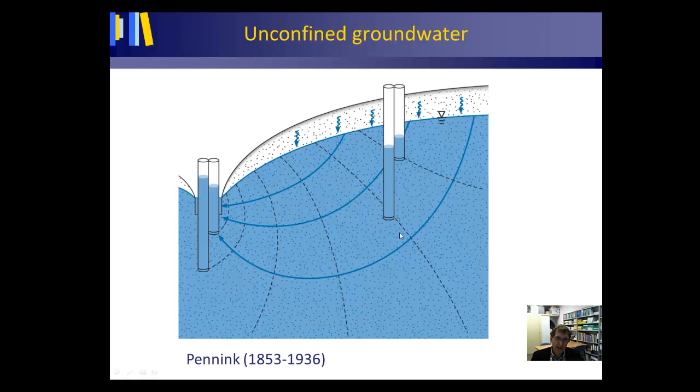And in actual fact, these broken lines are lines of equal energy, of equal hydraulic head. So this is a higher hydraulic head, this is a lower hydraulic head, and this is an even lower hydraulic head than here. Water is always flowing from a higher to a lower energy, or from a high to a low hydraulic head.